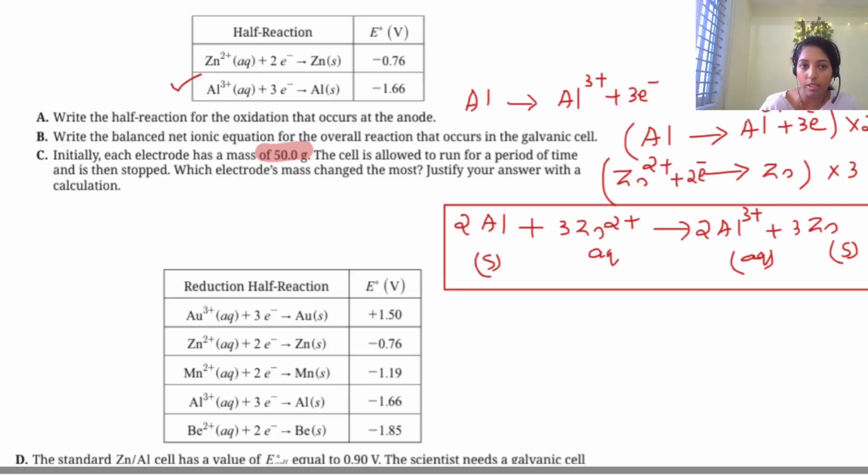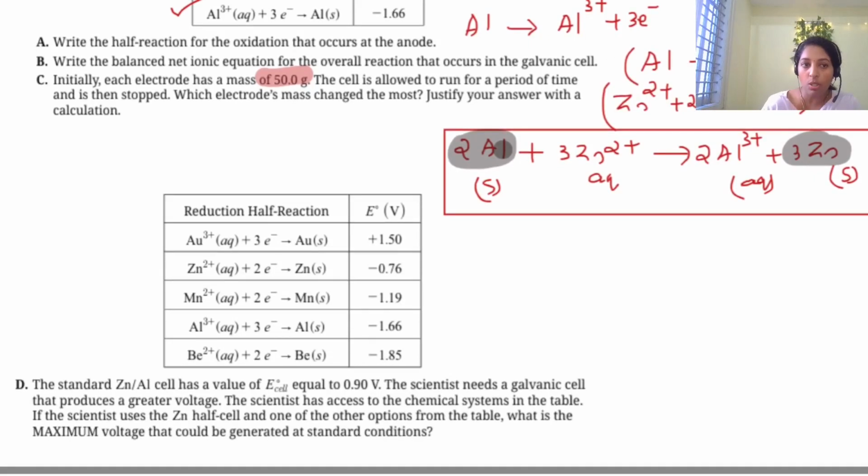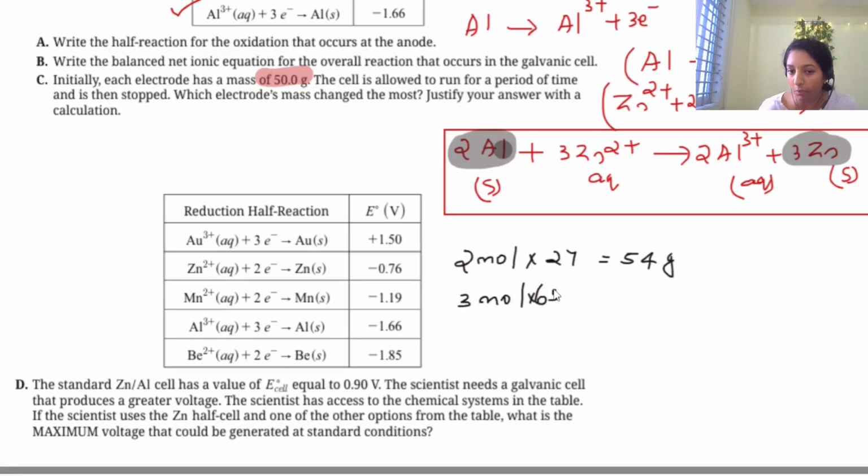See the solids: 2 moles of aluminum react, and at that time 3 moles of zinc are produced. Aluminum's molar mass is 27, so 2 moles is 54 grams changed. 3 moles of zinc, with a molar mass of 65.4, means 196 grams of zinc produced.